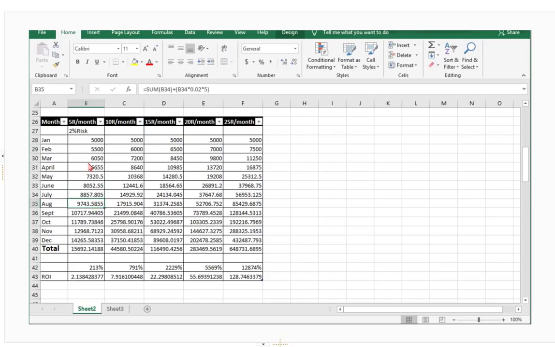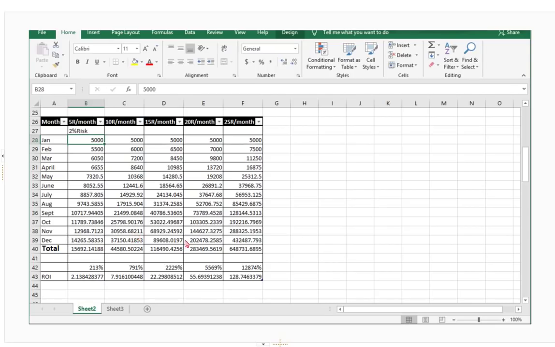You can figure out what R amounts you want to put in based on your style of trading. This is just a starting framework for you guys.